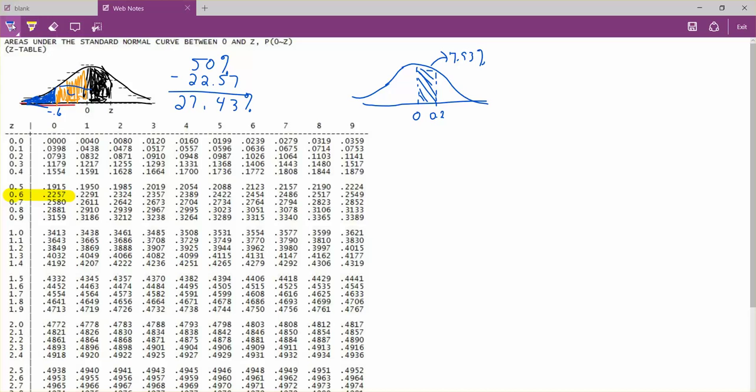But it also equates to the value of the yellow shaded area, because this is a symmetrical distribution, and I actually had a negative 0.2 when I calculated the Z-score.